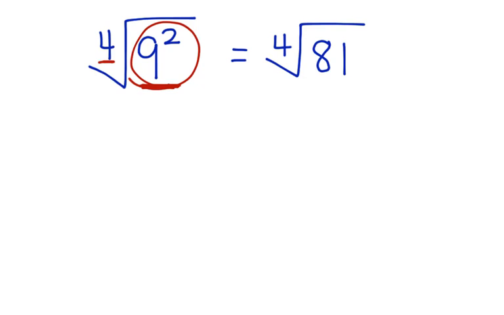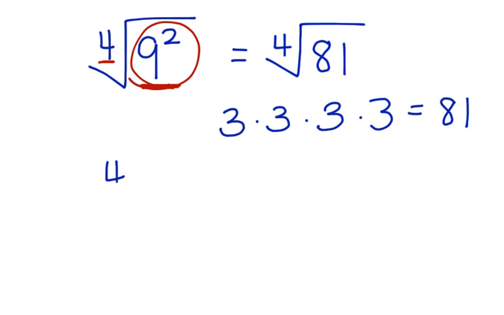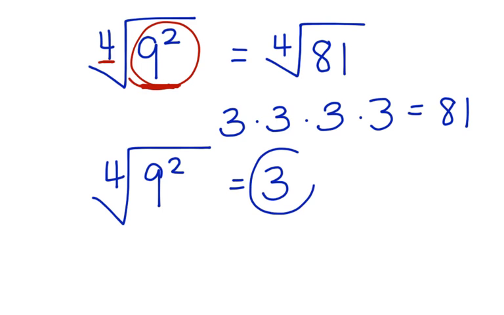And if you think about that, 3 times 3 times 3 times 3 is equal to 81. So the fourth root of 9 squared is actually 3. This is our final answer, and our work is complete.